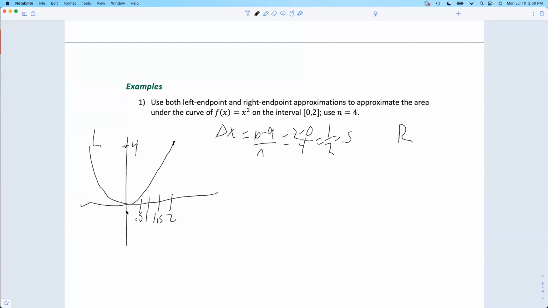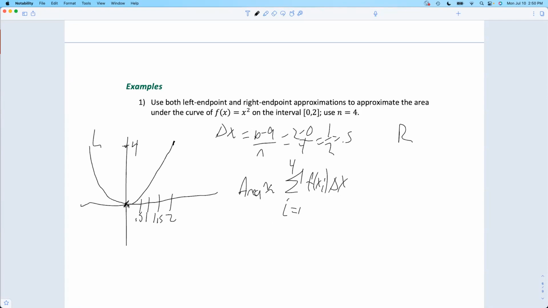I'm going to build rectangles at each one of the left-hand endpoints. My area will be approximately the sum from i equals 1 to n of f at xi times delta x.